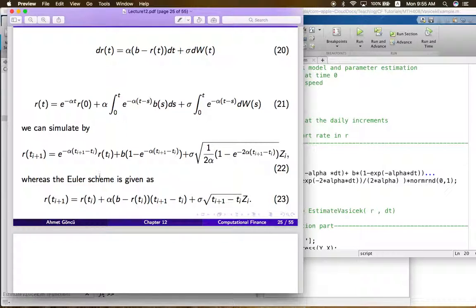If you apply simple differencing to approximate these derivatives and substitute dt by delta t, and for dWt you can again use standard normals times the square root of delta t. This is also possible to use in your simulation, but don't forget that this will include an extra discretization error compared to equation 22.